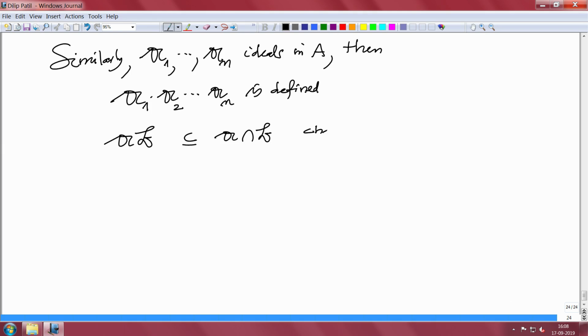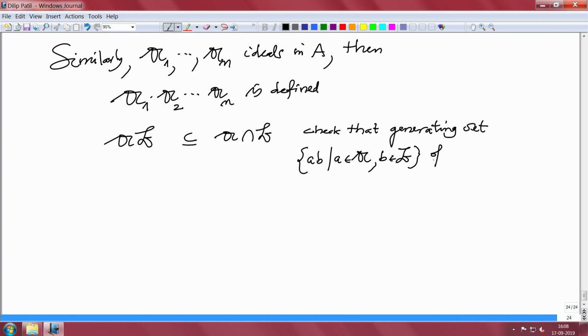So again check that each generator, the generating set ab, a in 𝔞, b in 𝔟, of the product ideal is contained in 𝔞 intersection 𝔟, and therefore this inclusion.